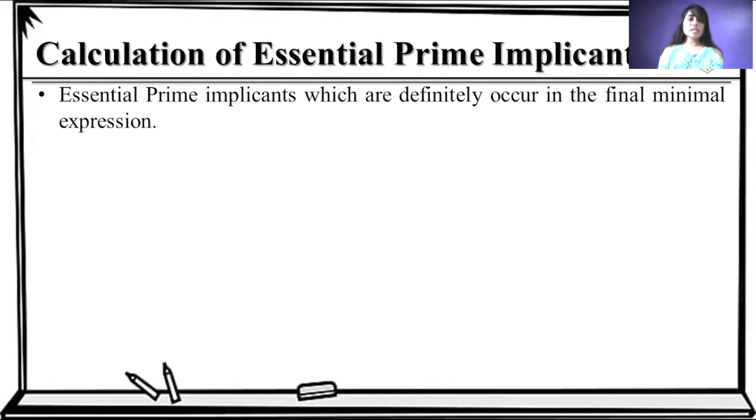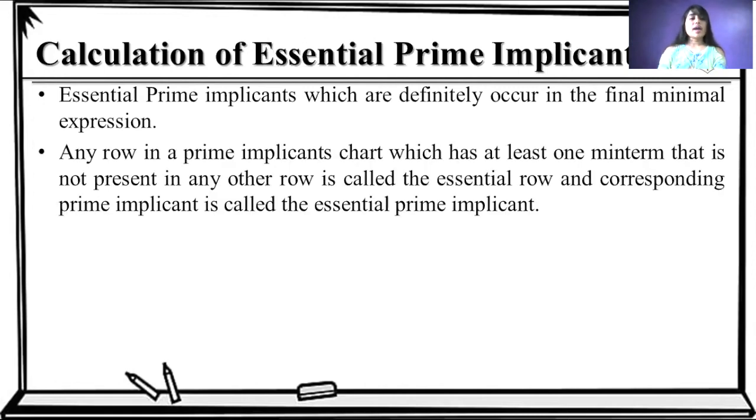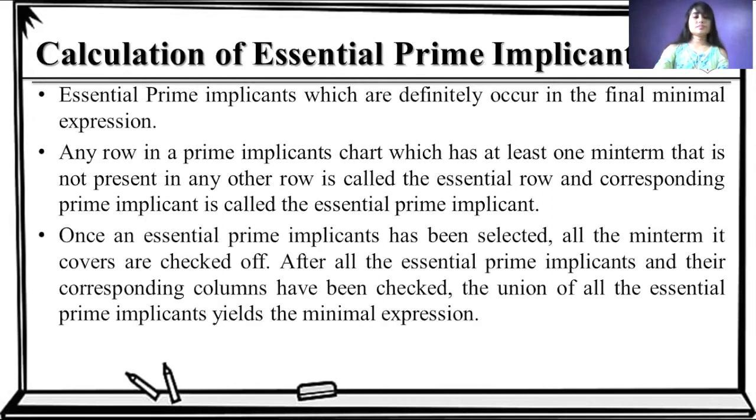Essential prime implicants are those which definitely occur in the final minimal expression. Any row in a prime implicant chart which has at least one minterm that is not present in any other row is called an essential row, and the corresponding prime implicant is called an essential prime implicant.